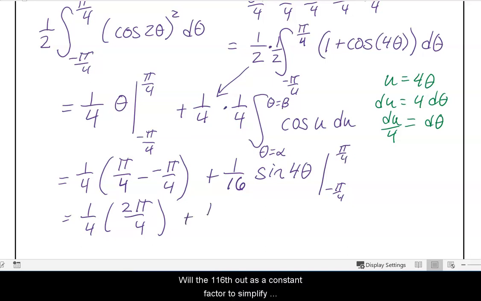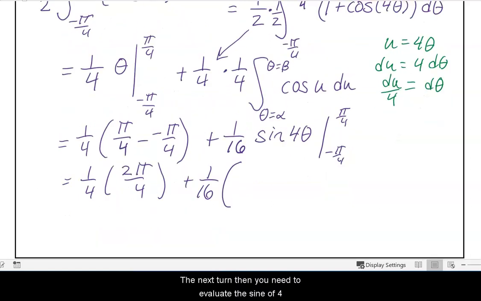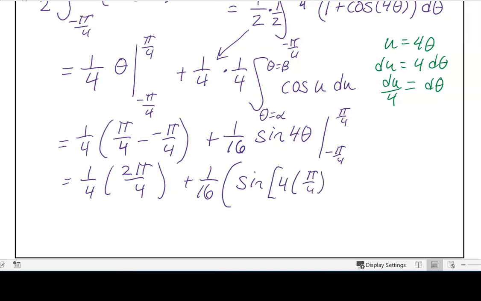Pull the 1/16 out as a constant factor to simplify your arithmetic. In the next term, then, you need to evaluate the sine of 4 times pi over 4 minus the sine of 4 times negative pi over 4.